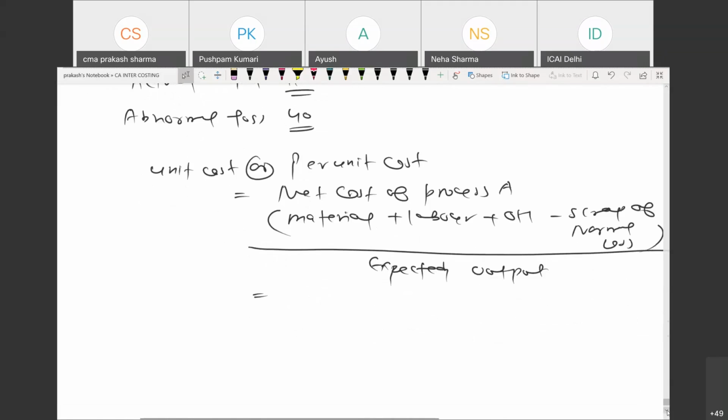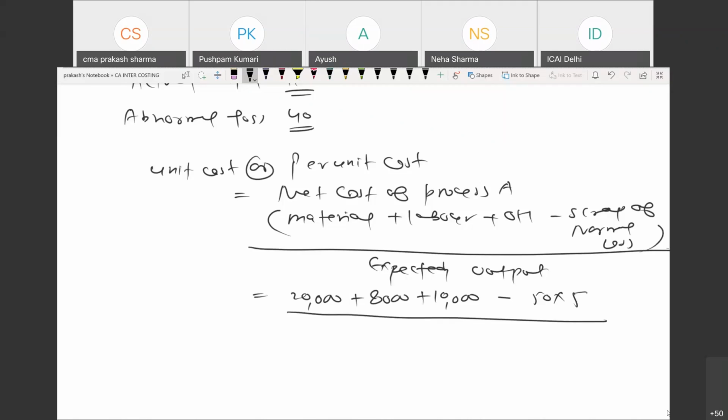The cost of material was 1000 into 20, so it was rupees 20,000. Let me check the question again. Yes, it was 20,000 for material, 8,000 for overheads, and 10,000 for labor, minus normal loss scrap value. So 50 units were scrapped at the rate of rupees 5 per unit.